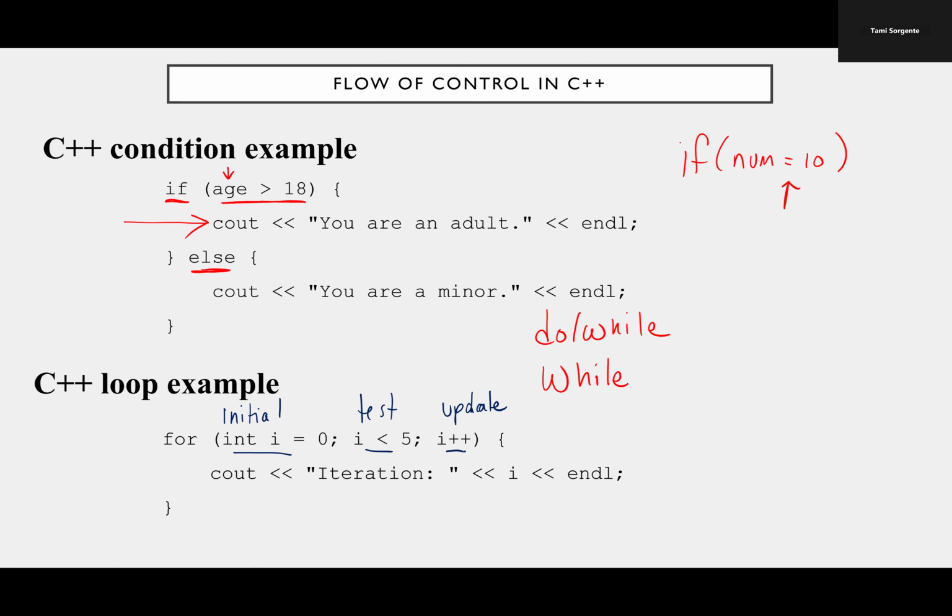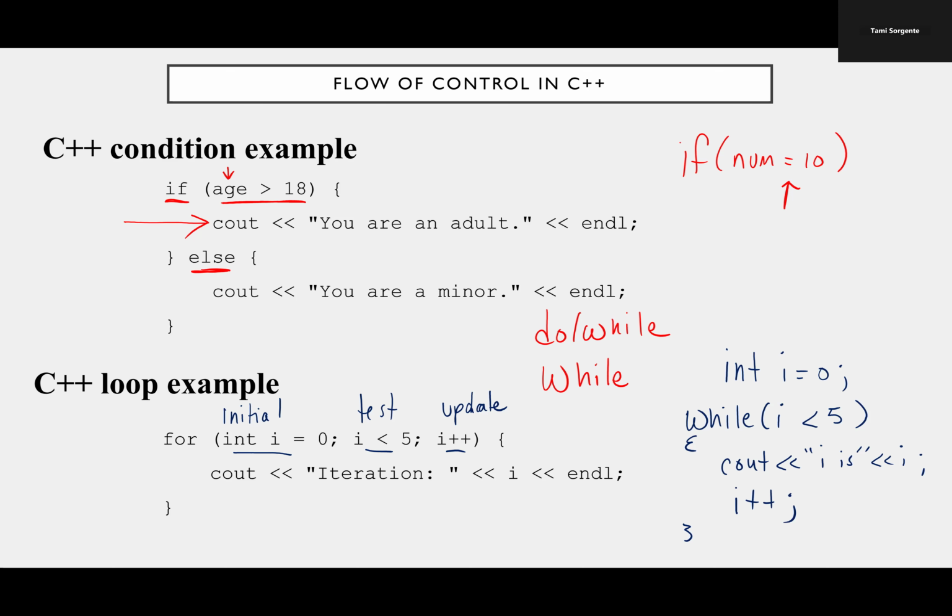In a while loop, if I wanted to do the same thing, I would have int i equals 0, while i is less than 5, and then you're going to do something. So cout, i is, i, and then i plus plus.